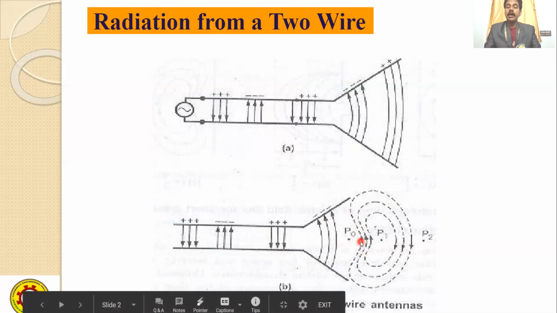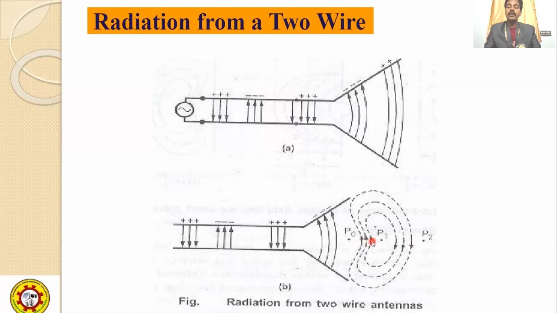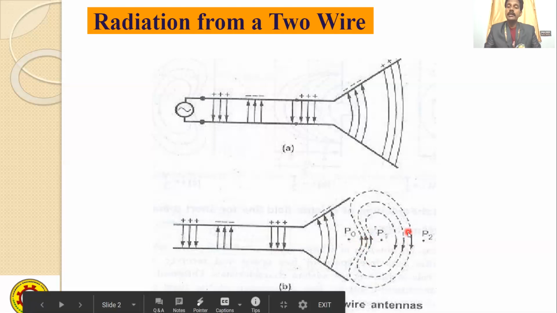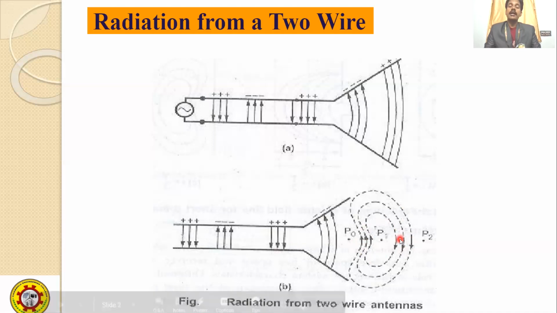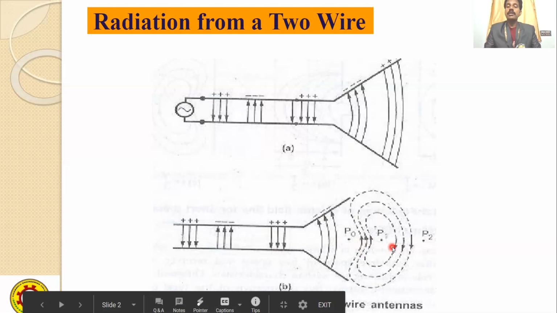At this point constant phase, at this point constant phase, at this point constant phase. Equi-constant phase radiation waves are observed at a distance of lambda by 2, say P1, P0, P2, P3, etc.